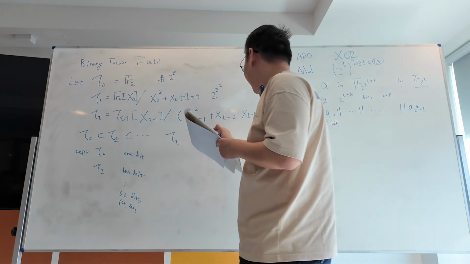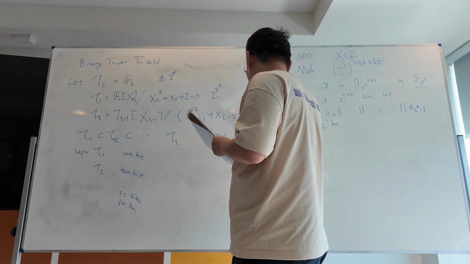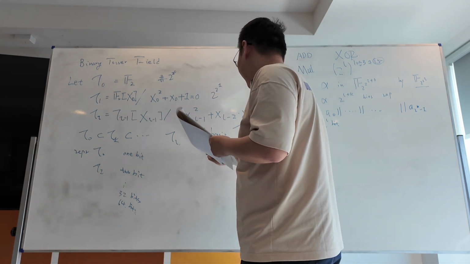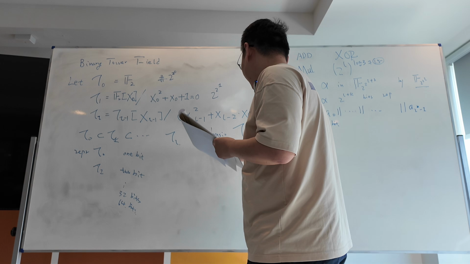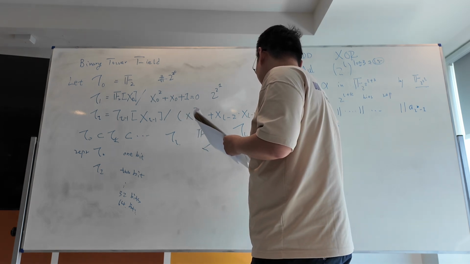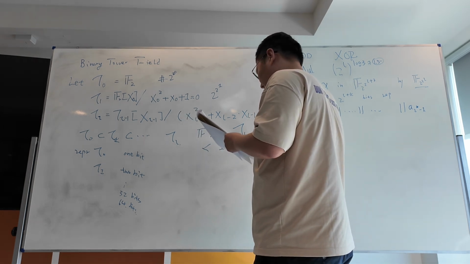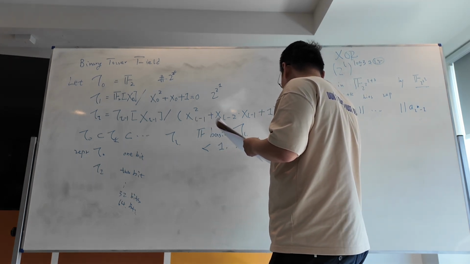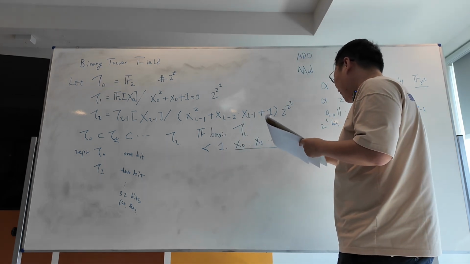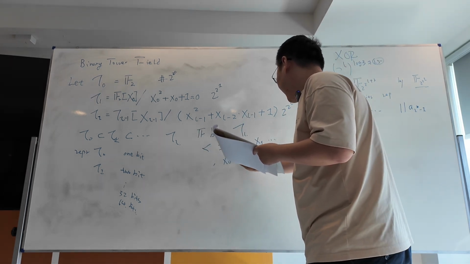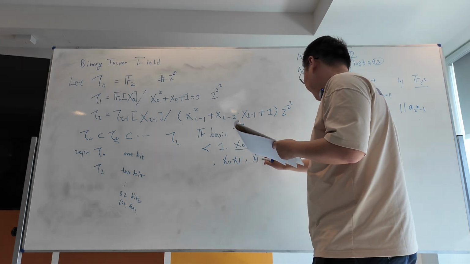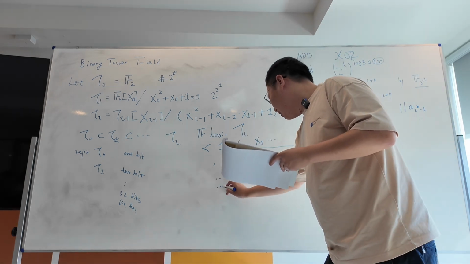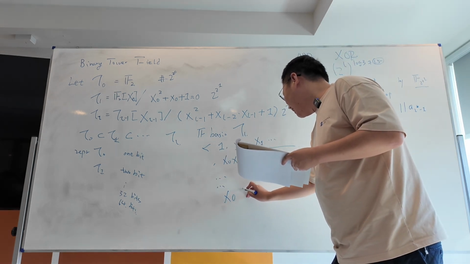So the F2 basis will be one, so these are the degree 1 terms, and these are the degree 2 terms, and in the end you get everything multiplied together.